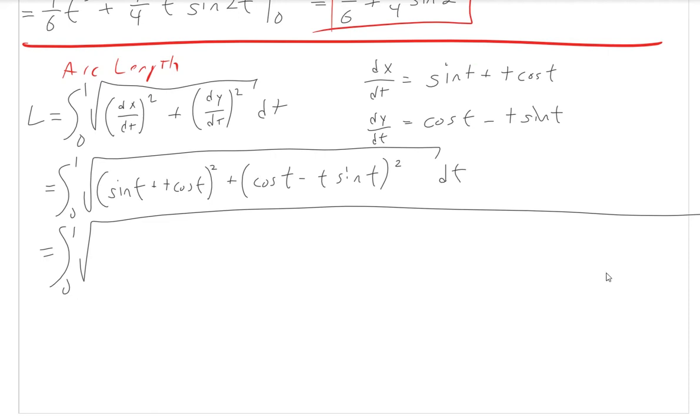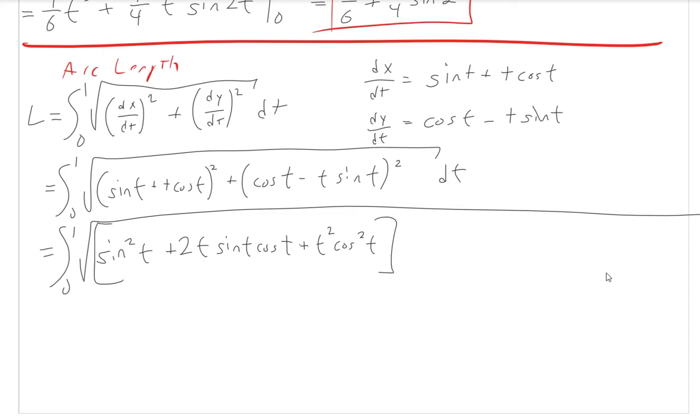Okay, if I square these, sine of t squared will give me sine squared t. Sine t times t cosine t twice will give me plus 2t sine of t cosine t, which we recognize 2 sine cosine as just sine of 2t, but we'll keep it as this. Plus t cosine t squared will give you t squared cosine squared t.